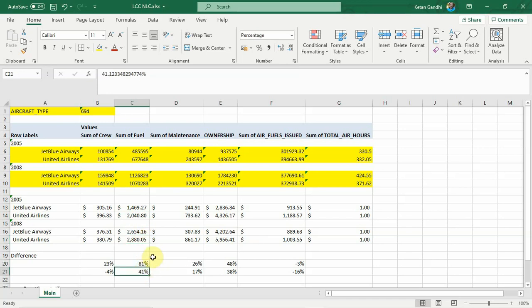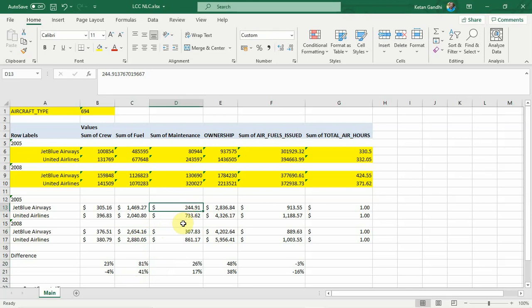Here also United Airlines did well; there were increases, but not to the level of JetBlue. So somewhere down the line, the strategies used by United Airlines had worked for the consumption of the fuel. Now similarly, we'll have the maintenance cost.